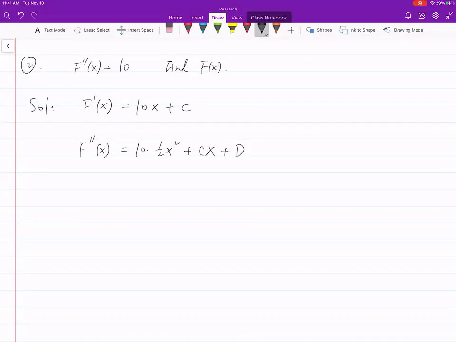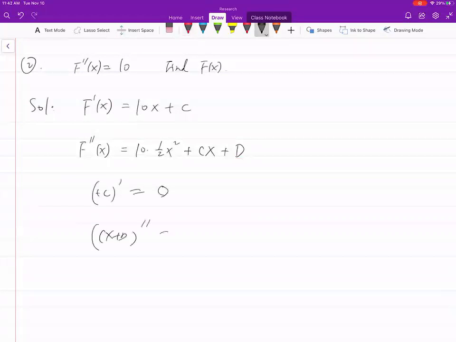Make sense to everybody? You have the first constant. The first time you take the antiderivative, it can be anything. You have the second constant coming from taking the antiderivative a second time. So you do have two free constants now. If you think about it, it totally makes sense, right? Before, why do you have a plus c? Because once you take the derivative, the c is gone, you have 0. With c, without c, you get the same answer. Okay. Why do you have a cx plus d?